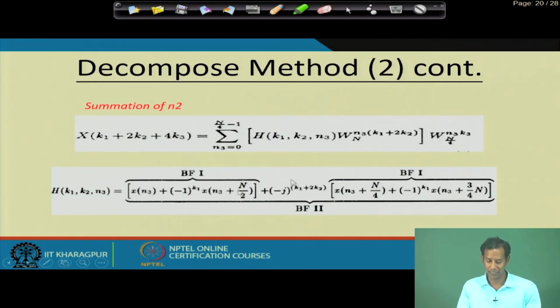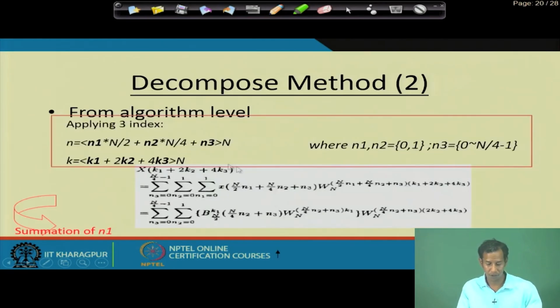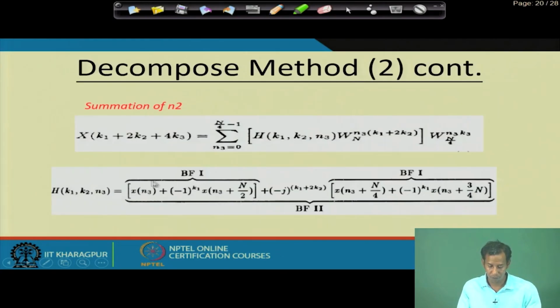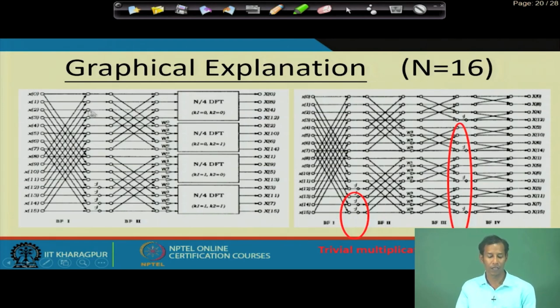This particular method is known as the decomposition method, where we can compute the first butterfly 1, then a combination of these butterfly 1s makes the butterfly 2 unit. The first stage is the butterfly unit 1 and the second stage is the butterfly unit 2.